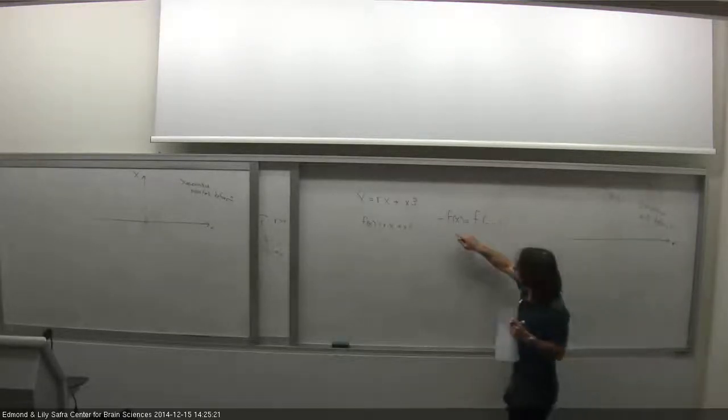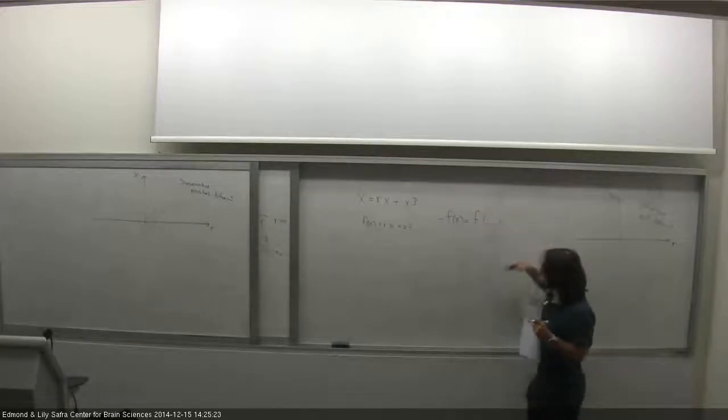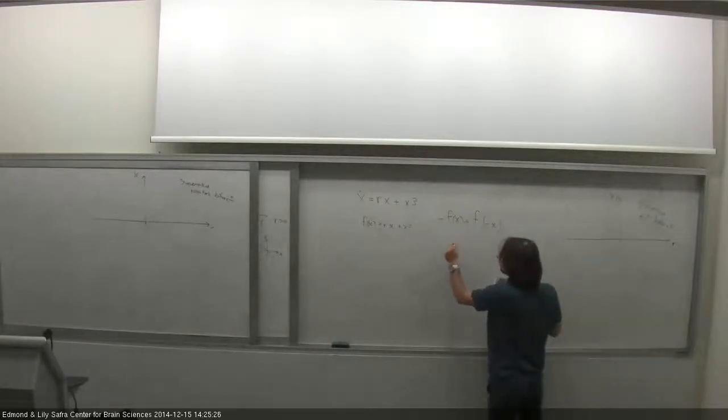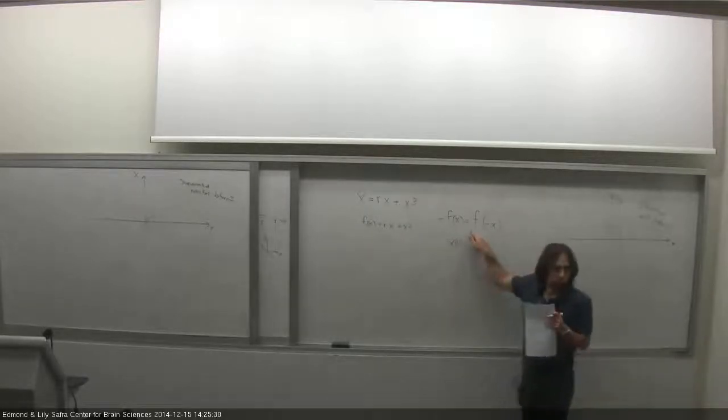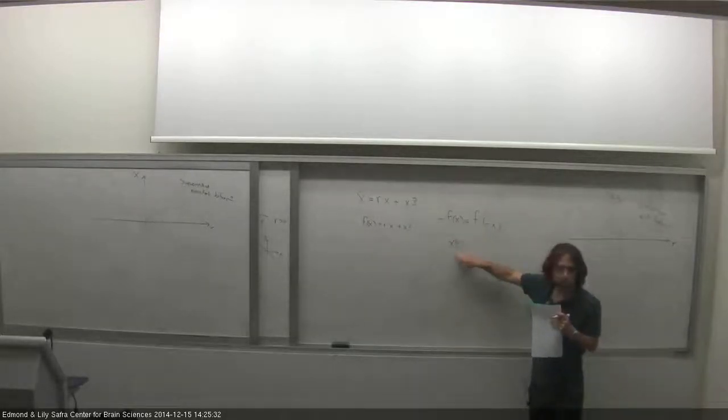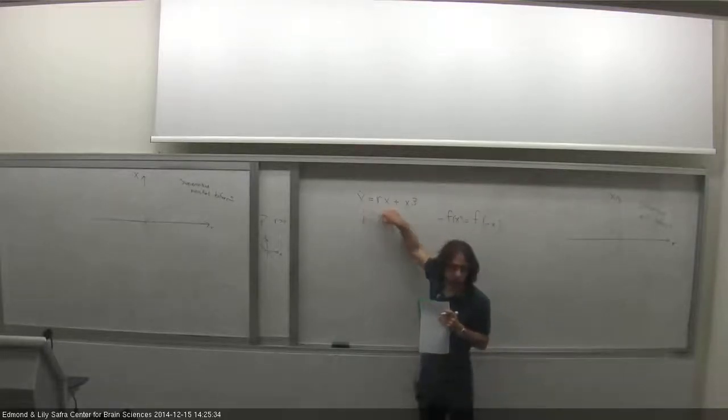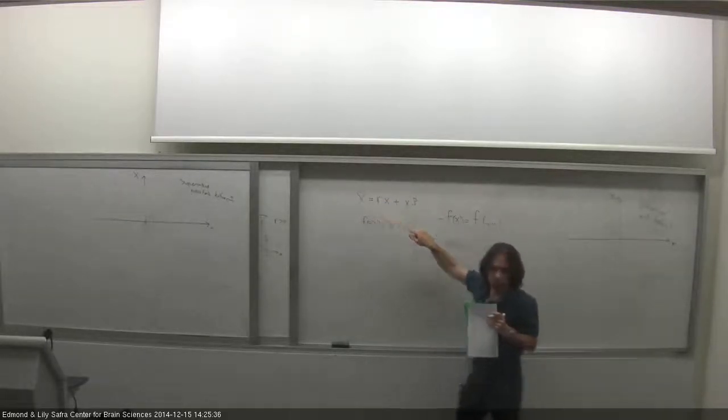Because f of x is not x of t. If f of x is anti-symmetric, then x of t will be symmetric because you do an integration to get x.